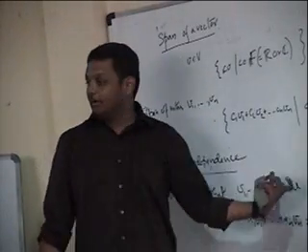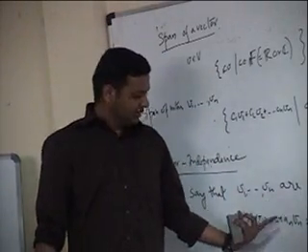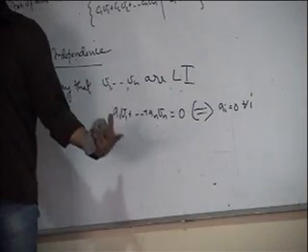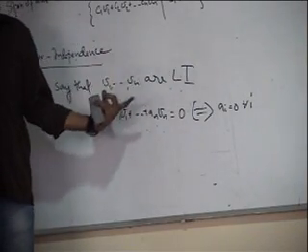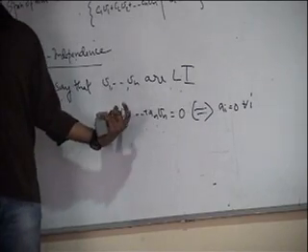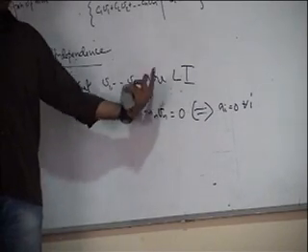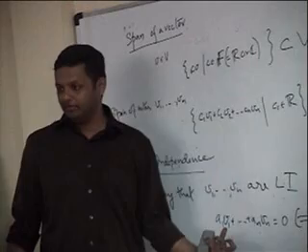So this is the definition of linearly independent. A set of n vectors are called linearly independent if a1 v1 plus a2 v2 plus etc. up to an vn is 0 if and only if ai is 0 for all i.